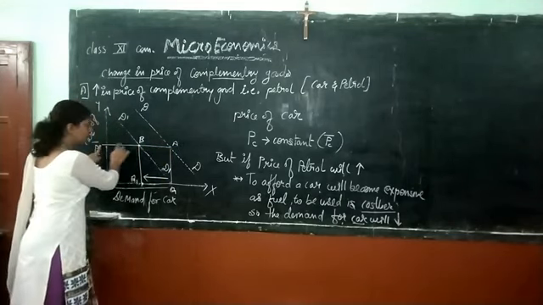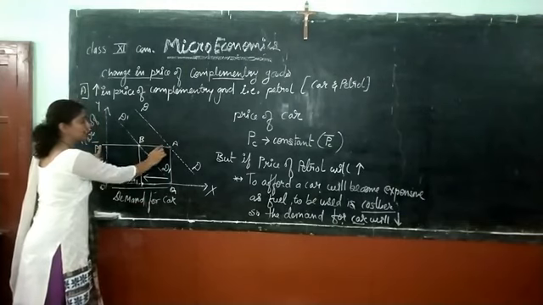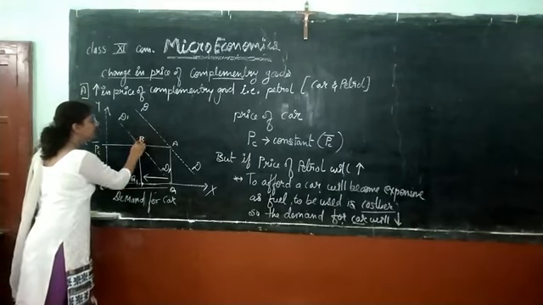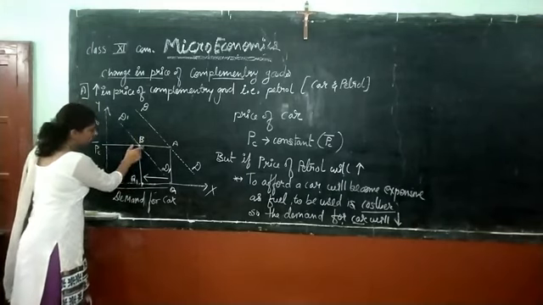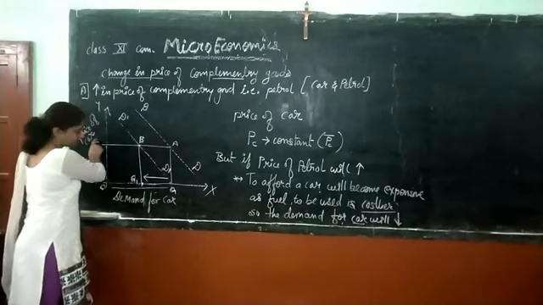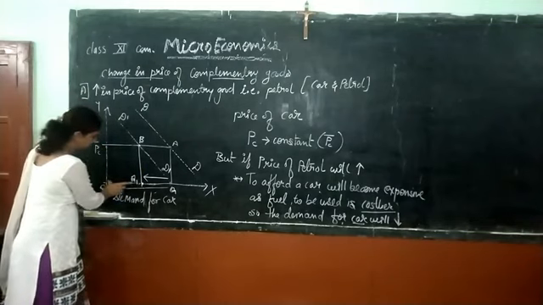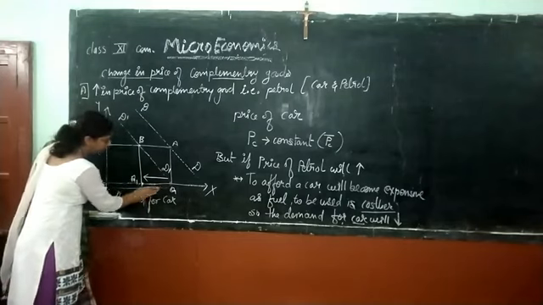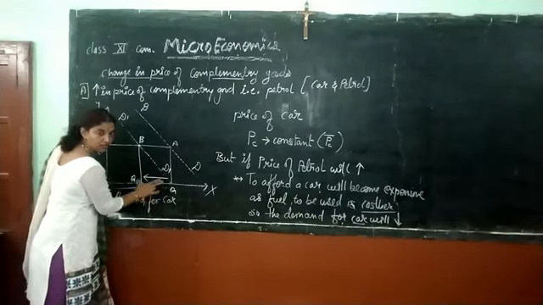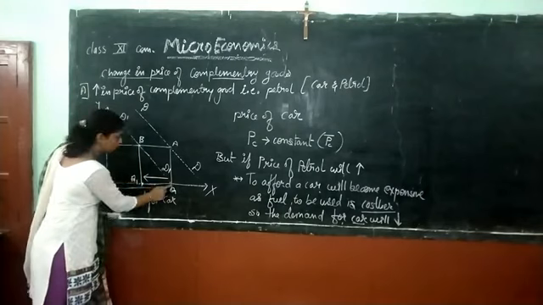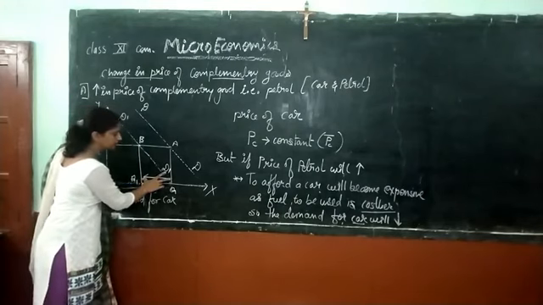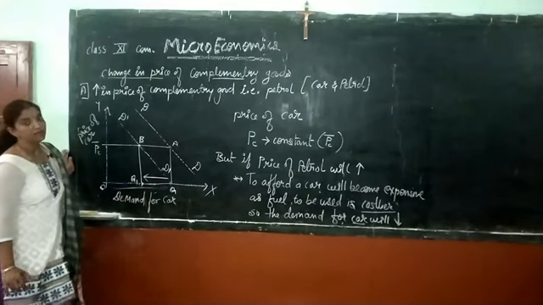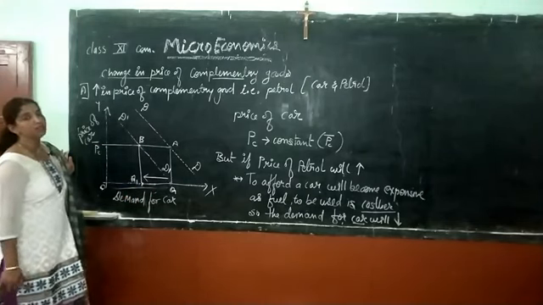So the consumer will move along this line only, because the price is constant. At point B, with the same price of car, the demand for the car is reduced to OQ1. Now we can easily observe that the demand for the car is reduced from Q to Q1. This is a decrease in demand for the car because of the increase in the price of petrol.